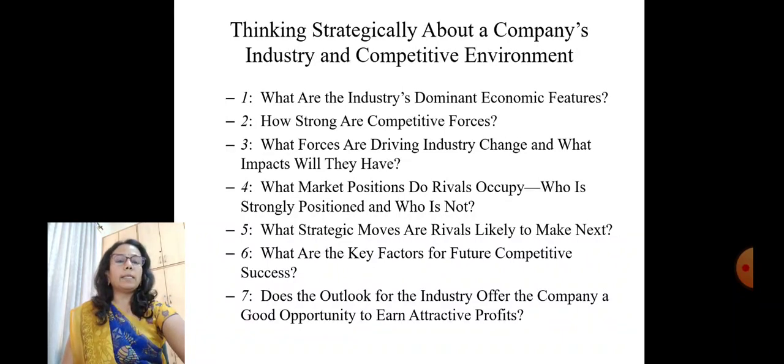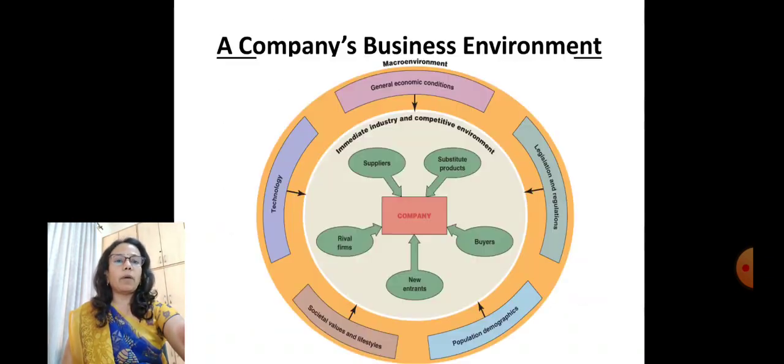So this is what I said. These are some of the questions we should be thinking about critically and strategically about a company's industry and competitive environment. Now you can see this picture, which describes a company's business environment.